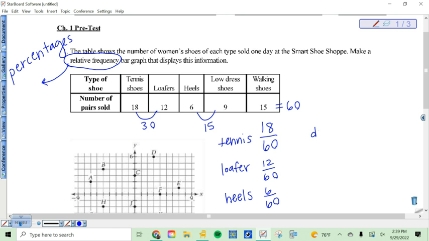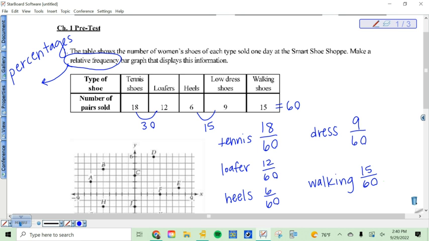Low dress shoes, whatever that means. What's my fraction? Thank you. And then for walking shoes? Good, 15 over 60. So now I've got my fractions.